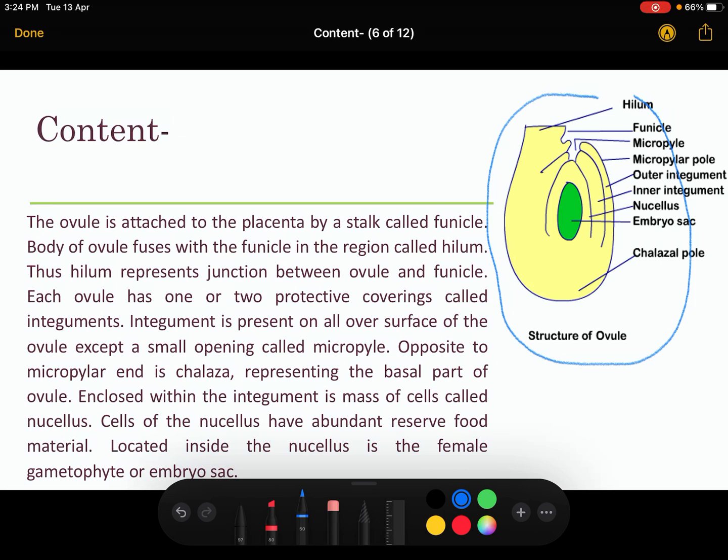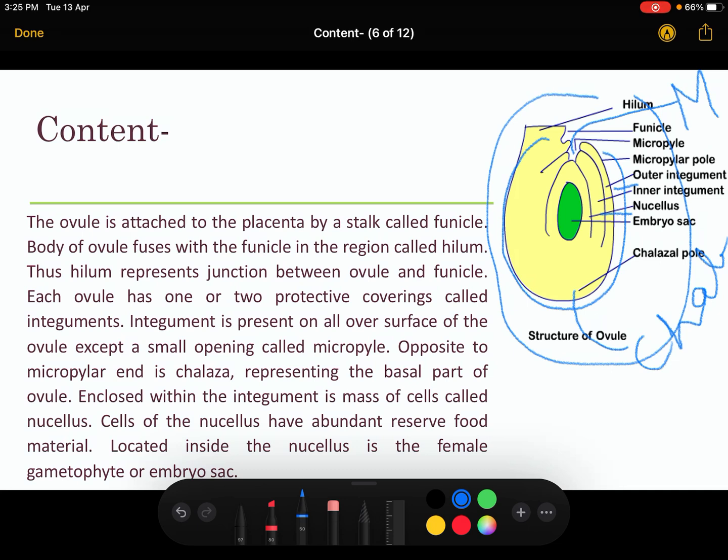Here you can see the ovule is surrounded by protective coverings called the outer integument and inner integument. Where this covering is not present, that pore or opening is called the micropyle. The opposite pole of the micropyle is called the chalaza.